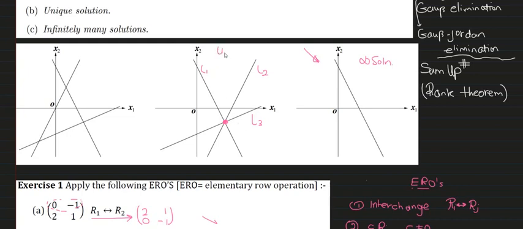So this solution is the what? It is the unique solution, and this means that we had 3 equations in 2 unknowns. Here we had 3 equations, but there is no unique point of intersection common between the 3. So this will result algebraically in a contradiction and will be a no solution.